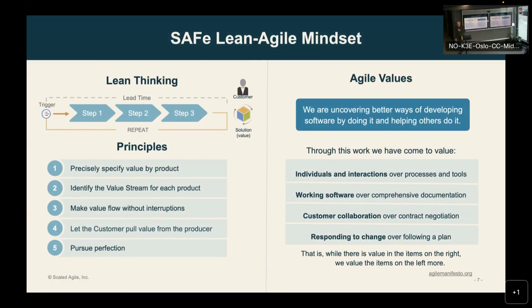And for those of you who haven't looked at the Agile Manifesto, it's kind of like a weighing tool between, for example, responding to change or following a plan. So it doesn't say that you shouldn't follow a plan, but you should lean towards being able to respond to change. Same with customer collaboration over contract negotiation. Obviously, you need some kind of negotiation over a contract, but you should try to pursue collaboration. So these are some of the mindsets we go into this with.